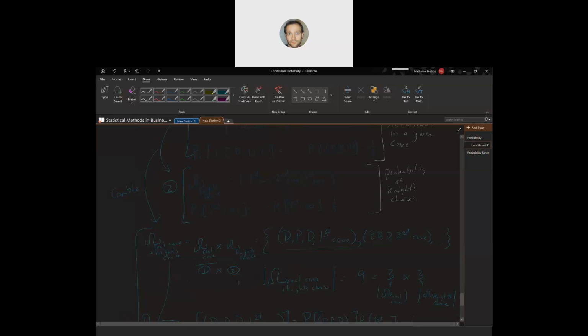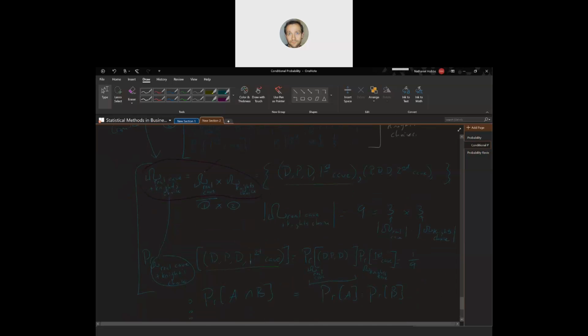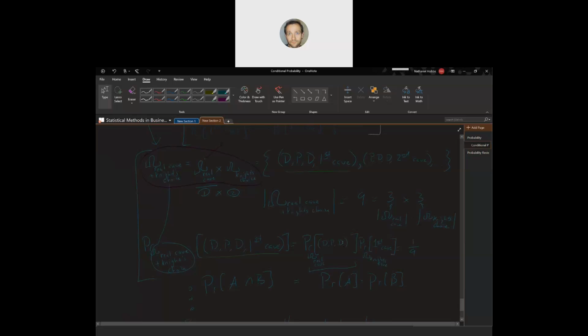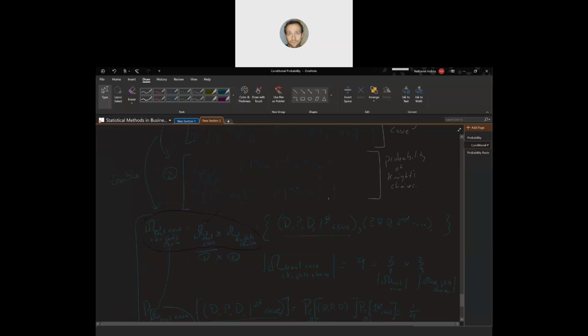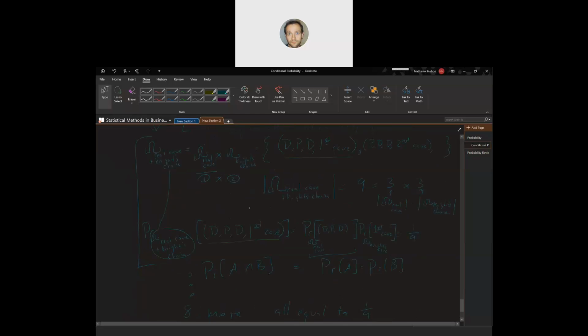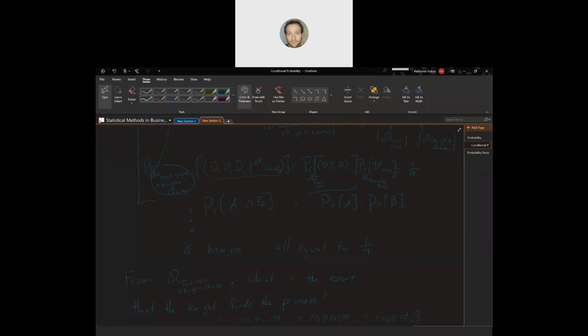You could just write the probability of this equals the first one equals the last one with dots in between, like we did here. That's fine. But because this is a class, it's maybe helpful to go through everything in great detail the first time.